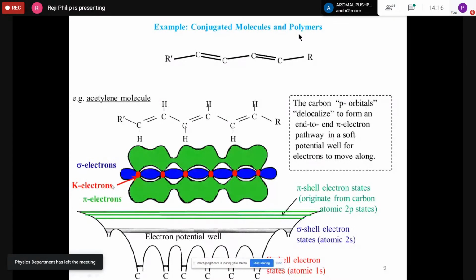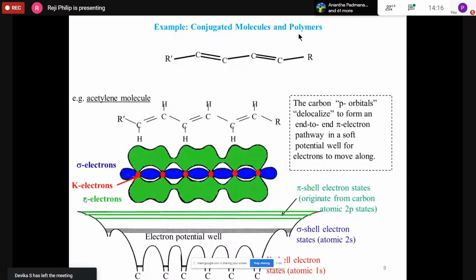So we have the K shell electrons, which are closely bound to the nuclei. So these are all nuclei like this, 2, 3, 4, 5, 6. The K electrons are very close to the nuclei and they cannot be moved around. Whatever force you apply from outside, usually these electrons are not affected at all.